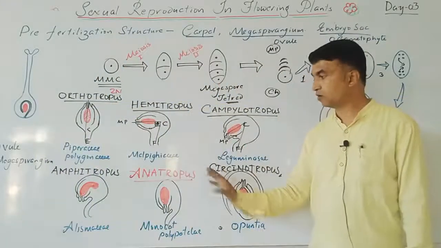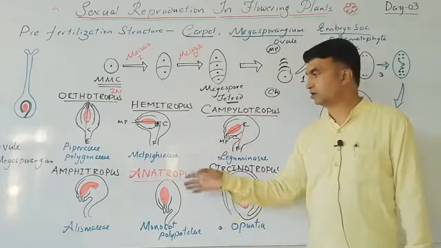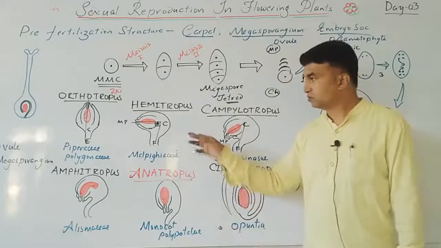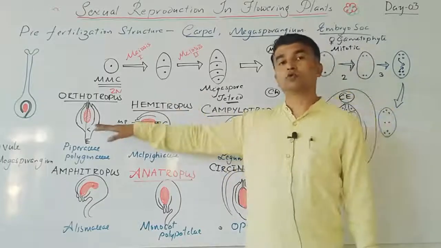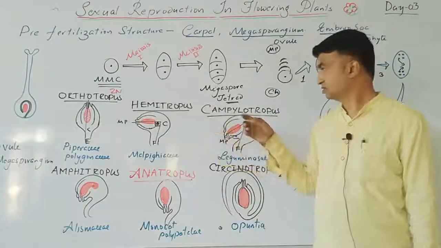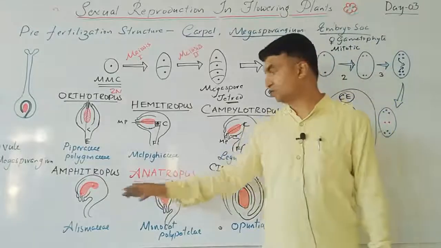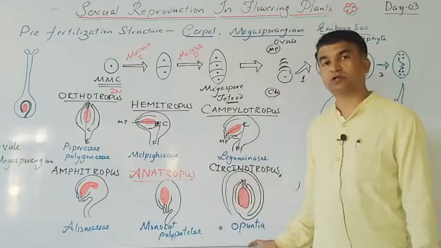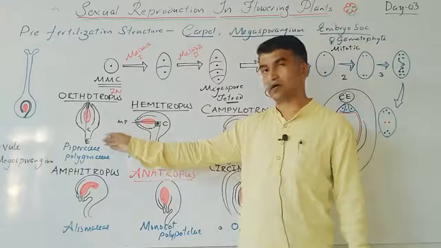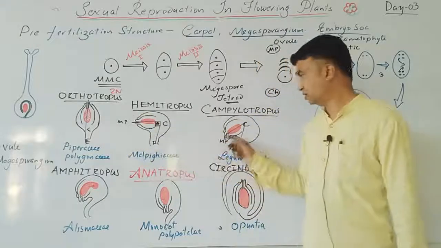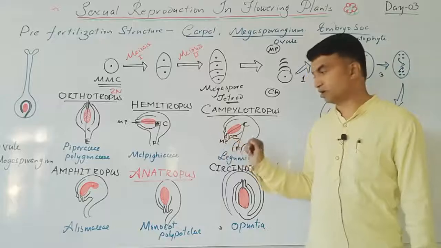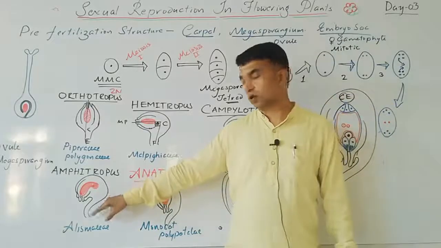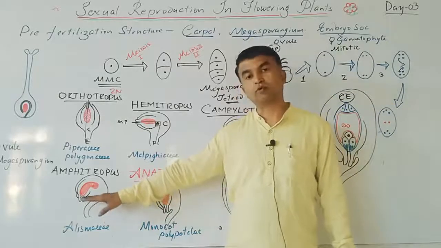They may give a figure and ask you the heading, or ask for an example. So this is the most important one. Based on this, many questions will arise: orthotropous, hemitropous, campylotropous, amphitropous, anatropous, circinotropous. The difference: this one is all in a straight line. This is 90 degrees. This is less than 90 degrees, meaning the integument is curved. This is 45 degrees, where almost the micropyle comes toward the funicle.